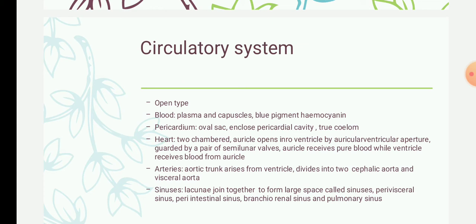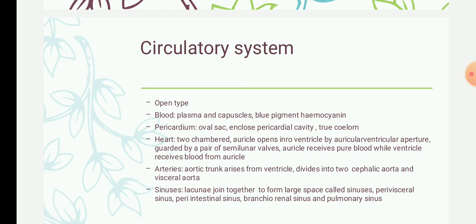Okay, so after the heart come the arteries. From the ventricle a large artery arises, termed the aortic trunk. This aortic trunk is divided into two branches, namely an anterior cephalic aorta and a posterior visceral aorta.